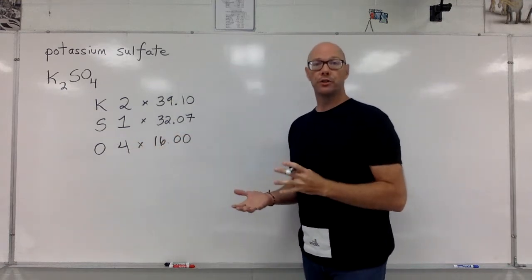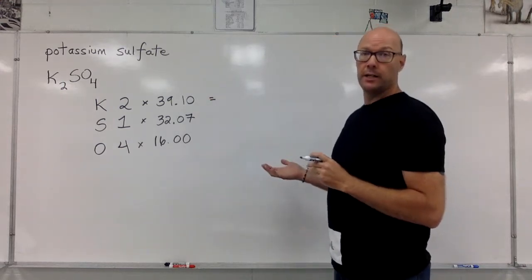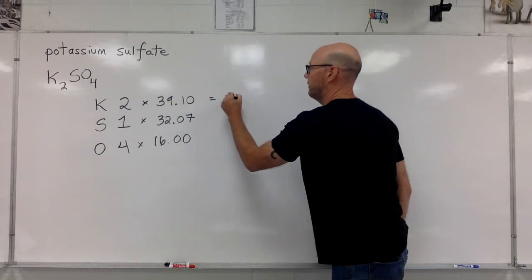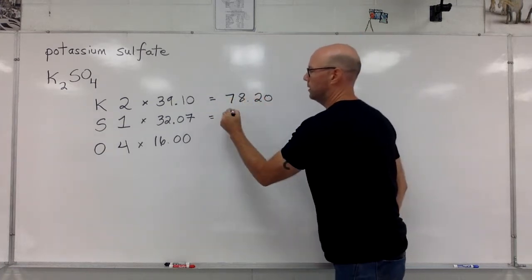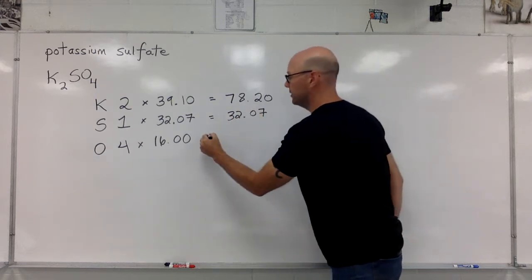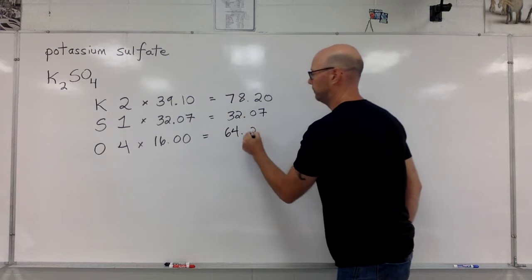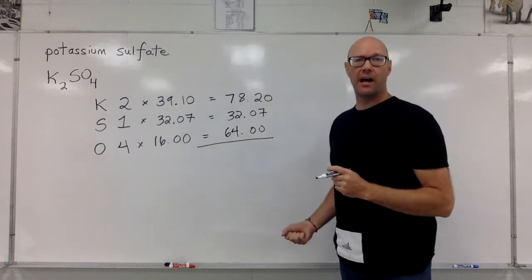I'm going to multiply here. 2 times 39.1 is 78.20. 1 there is 32.07, and 4 sixteenths is 64. Now I'm going to add those values up.